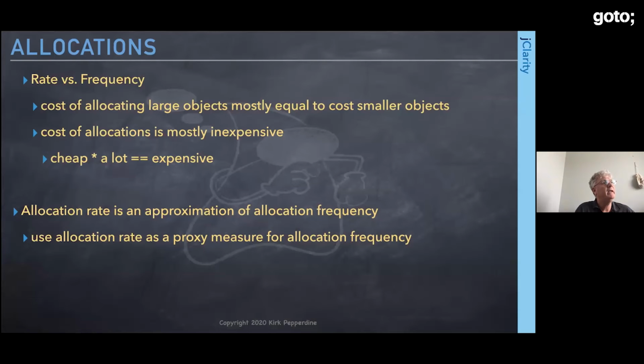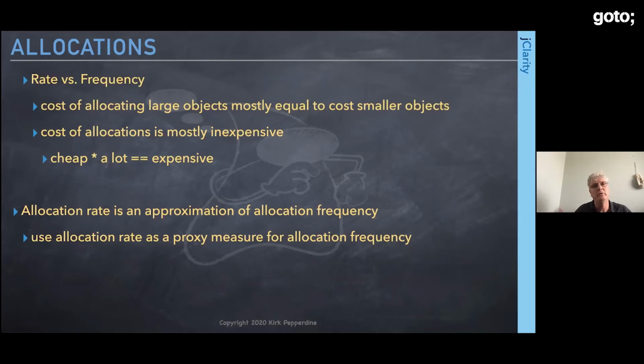I'm going to be able to use the allocation rate as an approximation of the allocation frequency because most Java objects are approximately the same size. Sometimes you get some big things being allocated, but that's just what I call noise in the estimation. I'm interested in frequency rather than rate because the cost of allocating these small objects is mostly the same as the cost of allocating a much larger object.